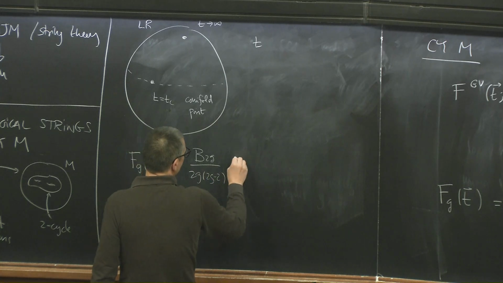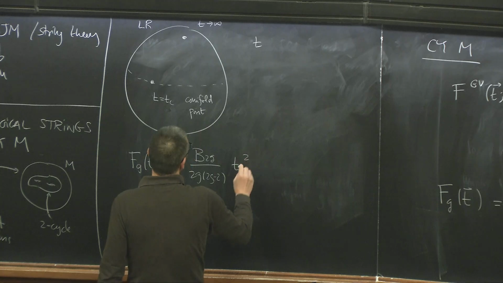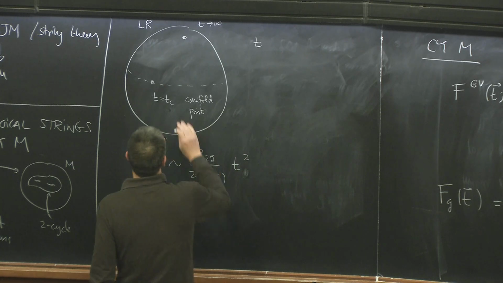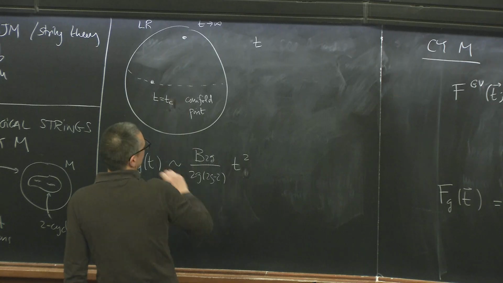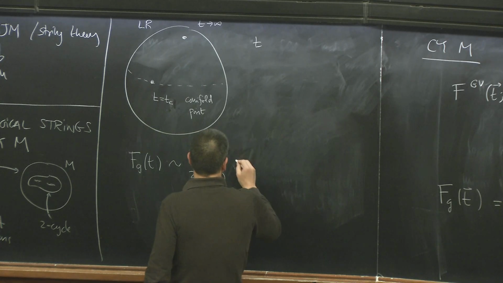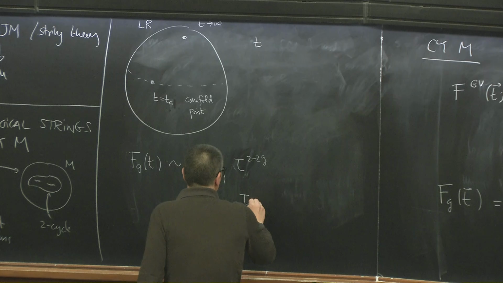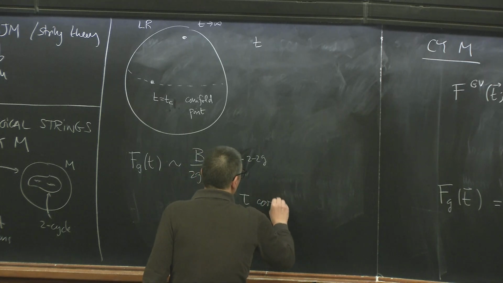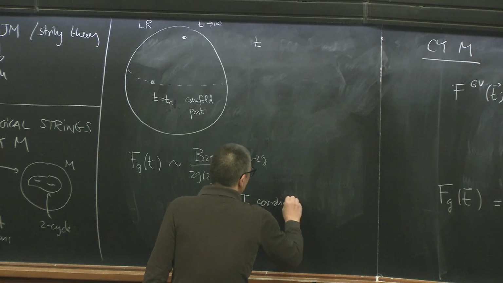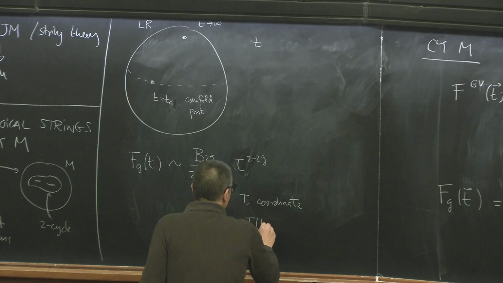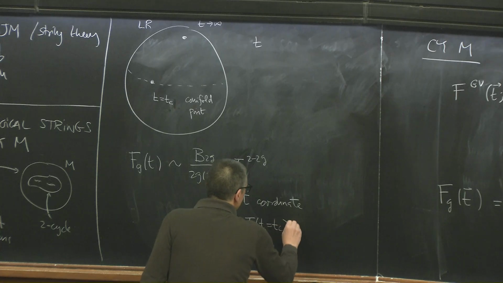And this is actually given by, let me write it here, this t critical, and let me write it here, maybe tau, okay, to the power 2 minus 2g. So tau is a coordinate, it's a special coordinate such that when t is equal to tc, this is 0.